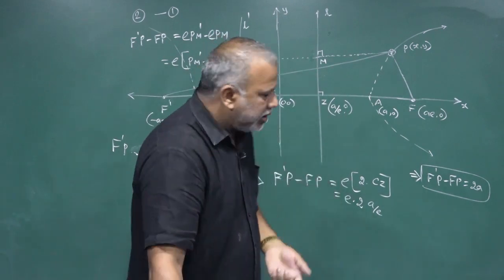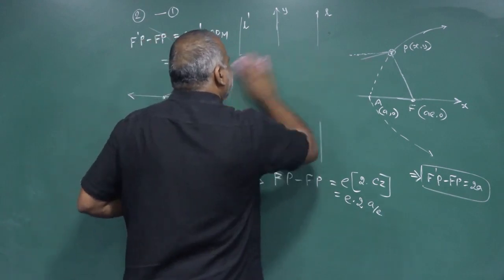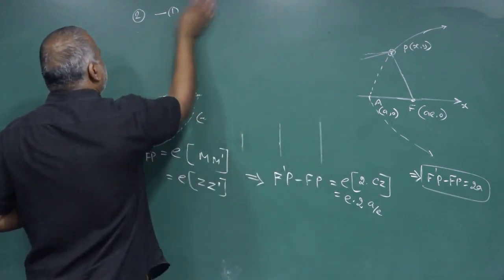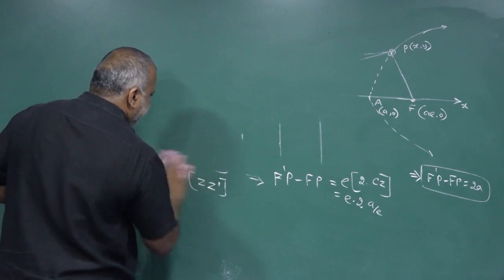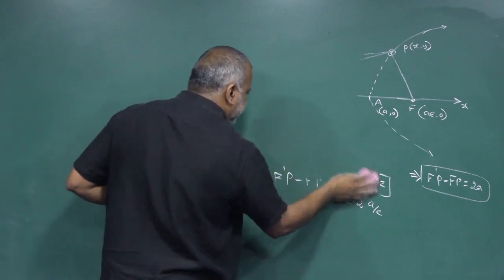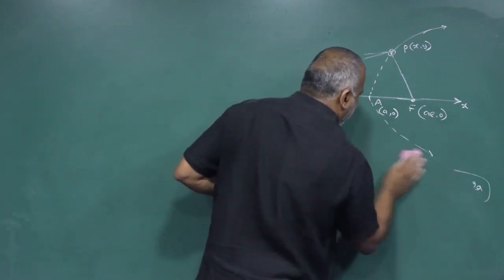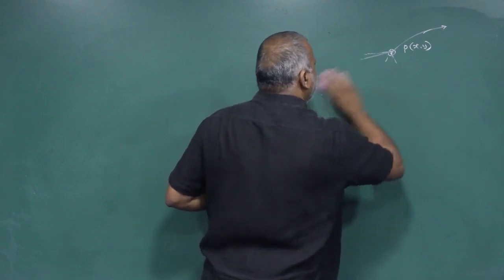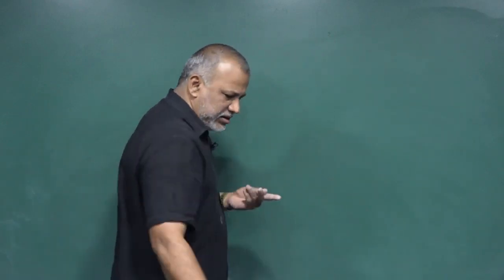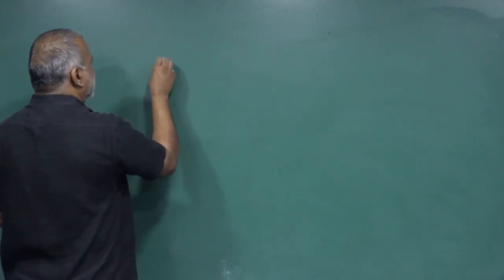In the same way, one more proof they are asking in your book. Prove that the length of the latus rectum of the hyperbola is 2b squared by a. They are asking one question. We already worked it out, just a recall only.